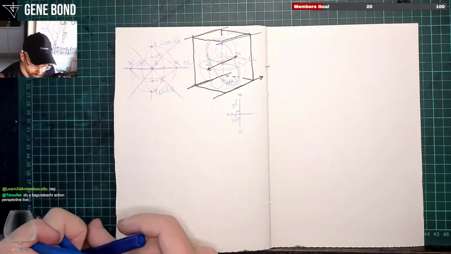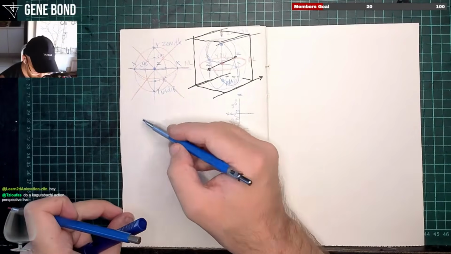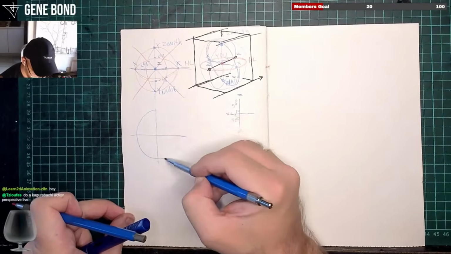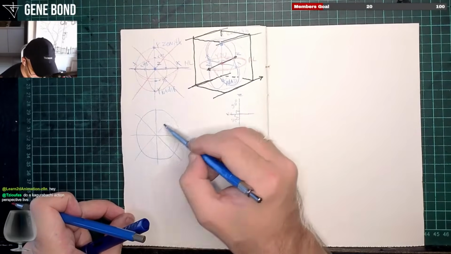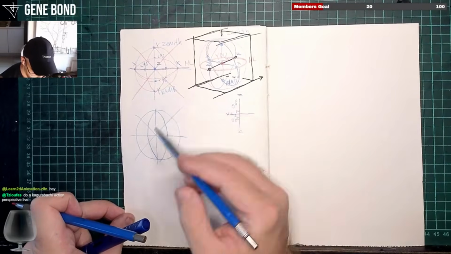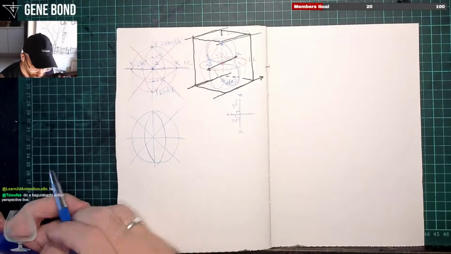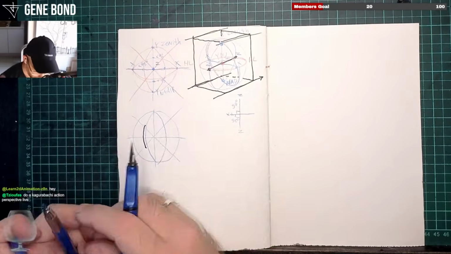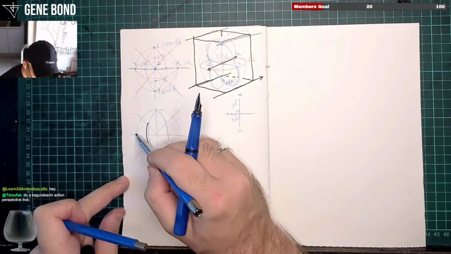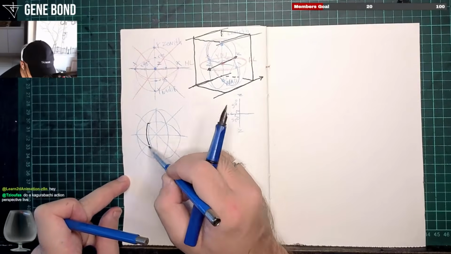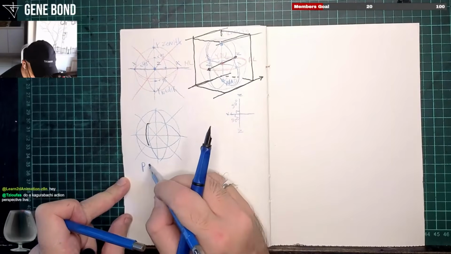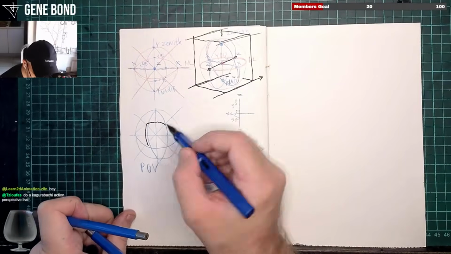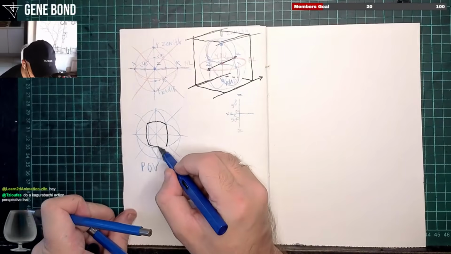So in a projection, this point of view, POV of the viewer, we will see this space in this manner, right?